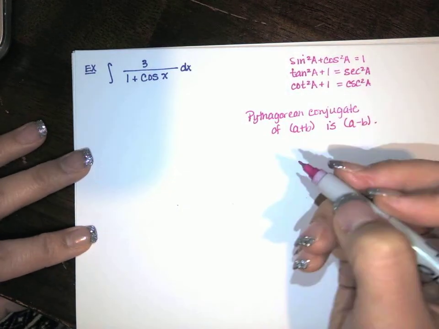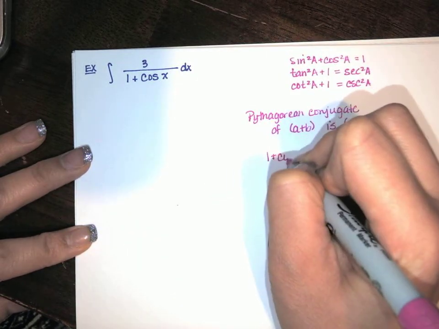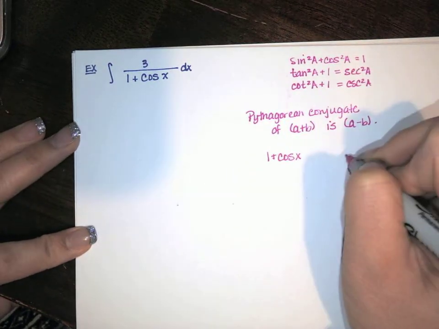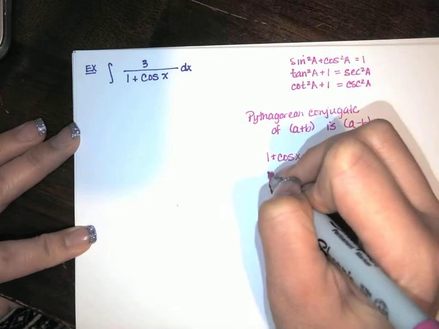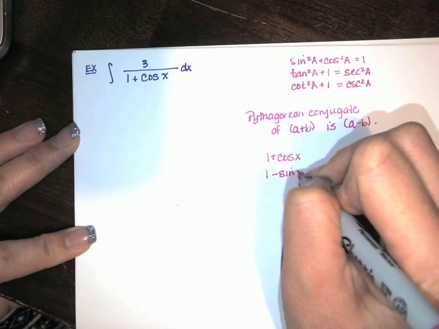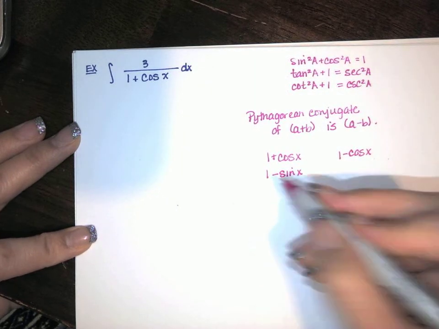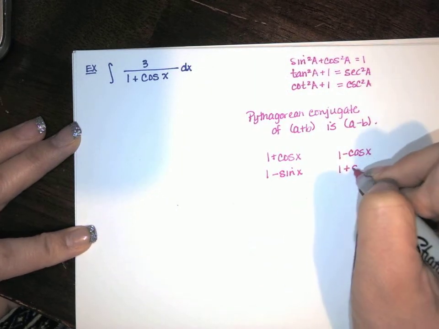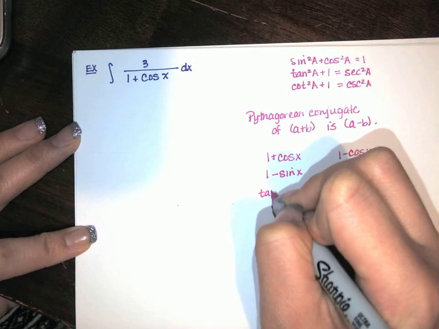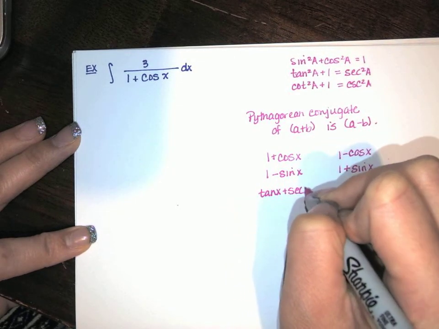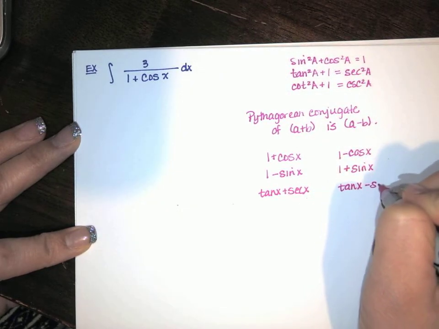So if I have a 1 plus cosine of x in the denominator, its conjugate is 1 minus cosine of x. If I've got a 1 minus sine of x in the denominator, it's going to stay exactly the same, but I'll just change the sign there. It's going to be 1 plus sine of x. What about tan x plus secant of x? Its conjugate is tangent of x minus secant of x.